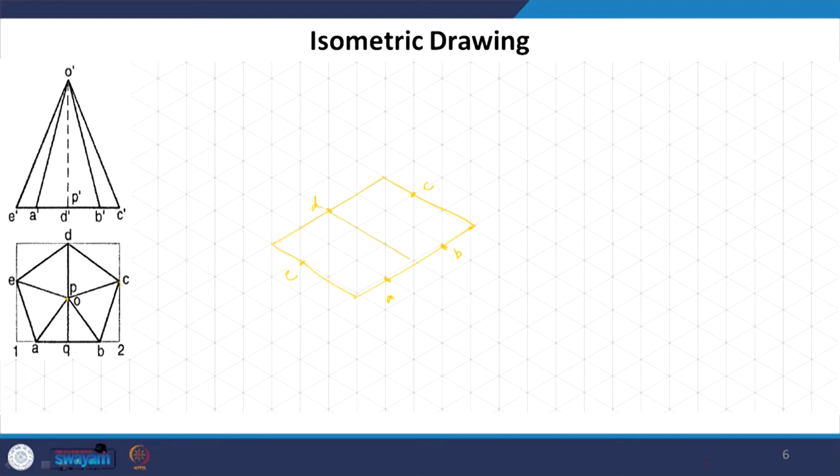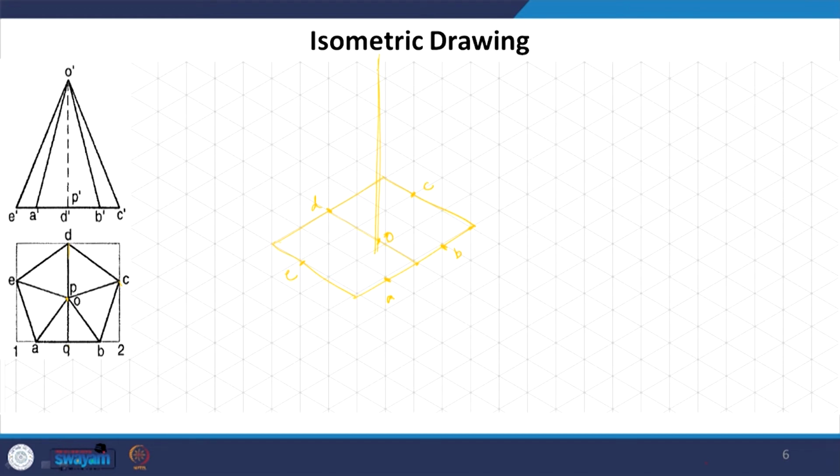So, this is a line passing through D, and on this line we would know that out of this distance which we measured, where this O is going to come. So, we know this O in the base, and now we will take, because this axis is perpendicular to HP. So, we know that it is parallel to Z axis.